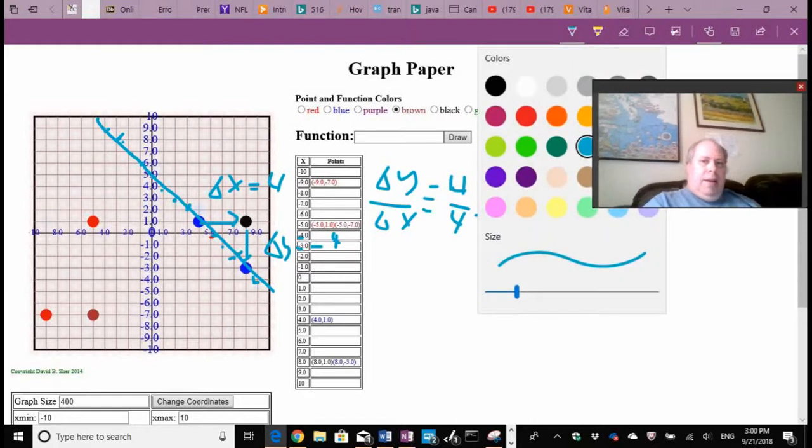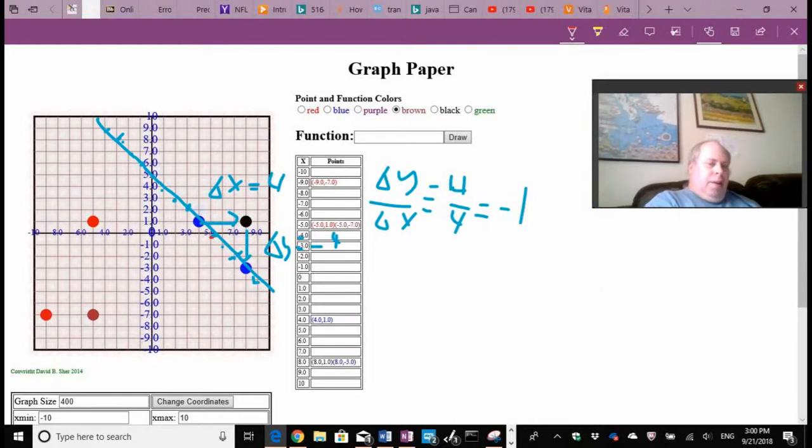Now I'm going to change it to red, because I'm going to do this line. Okay, so what we have in red is we're going to move from (-9, -7) to (-5, 1). This side is going to be, once again, -5 to -9. We count them out and we get delta x equals 4.